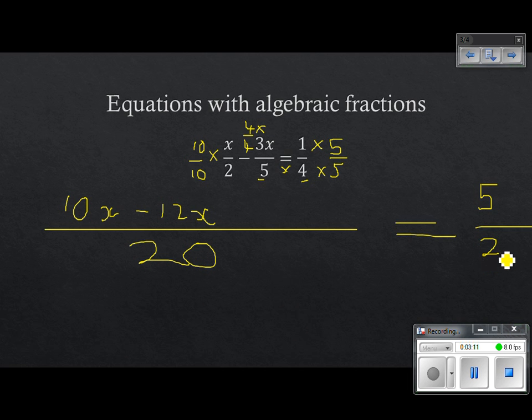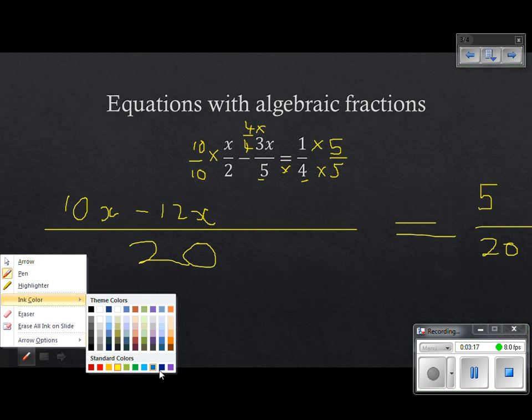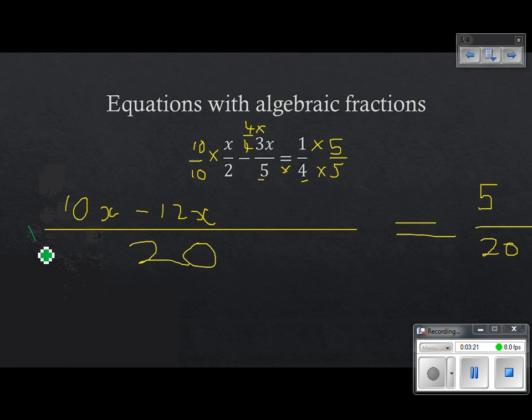Now, here's a little nifty trick. I love nifty tricks. Let's go with green. To get rid of that 20, we're just going to times both sides by 20. Once we've done that, that 20 cancels with that one with that one.